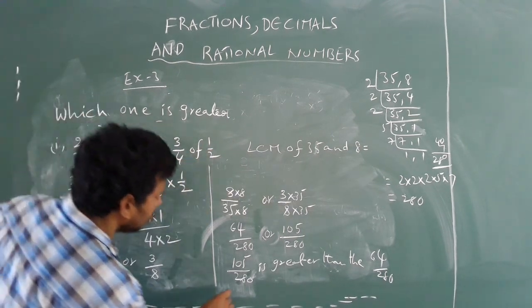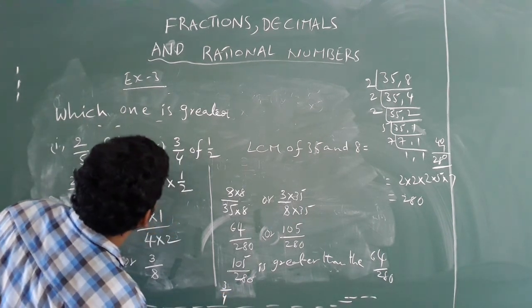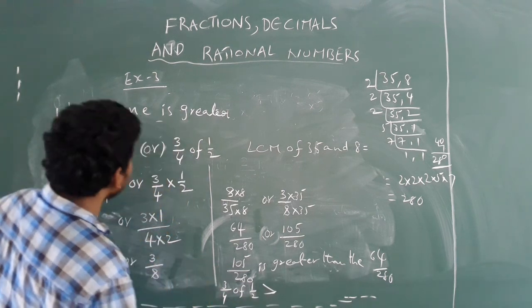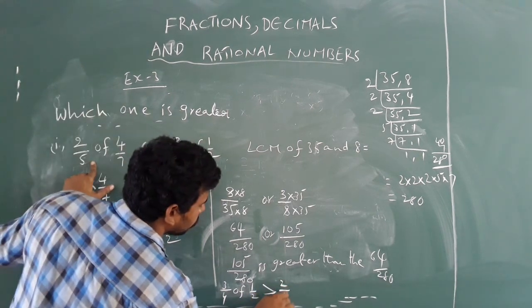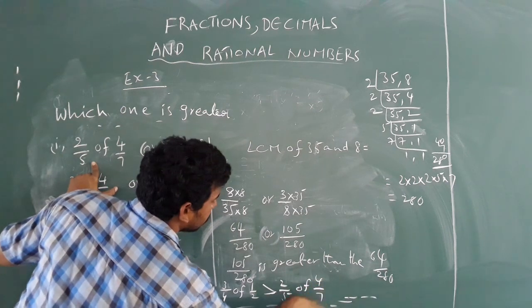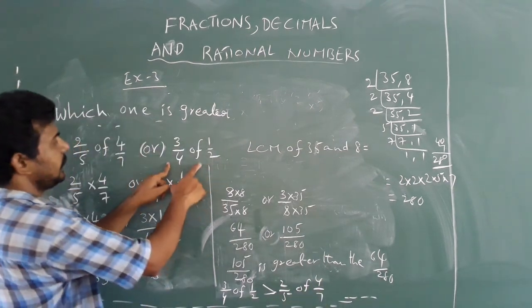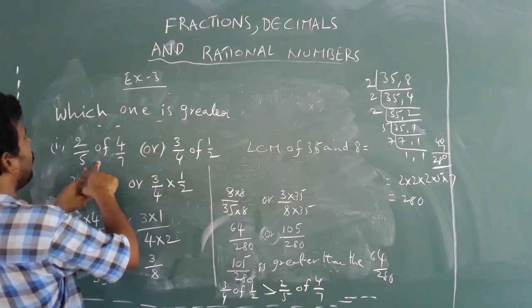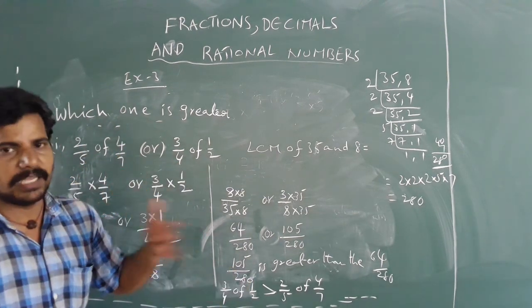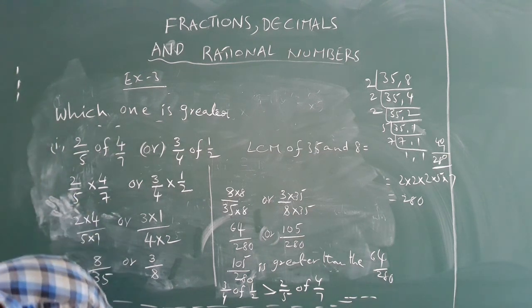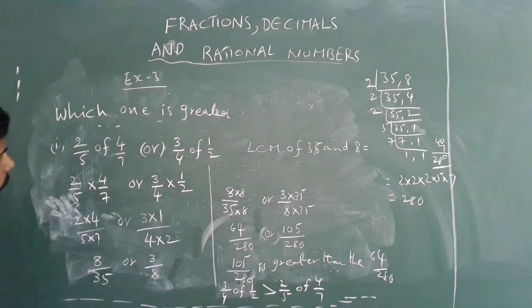Here 3 by 4 of 1 by 2 is greater than 2 by 5 of 4 by 7. Clear, children? This is the answer. Clear? Next. Second problem.